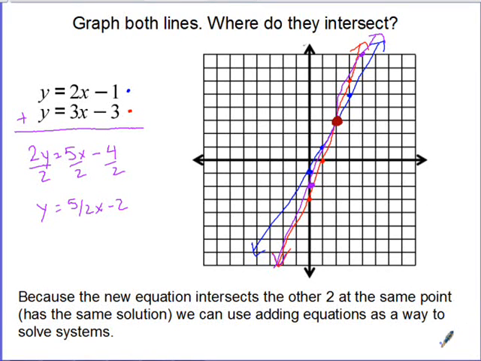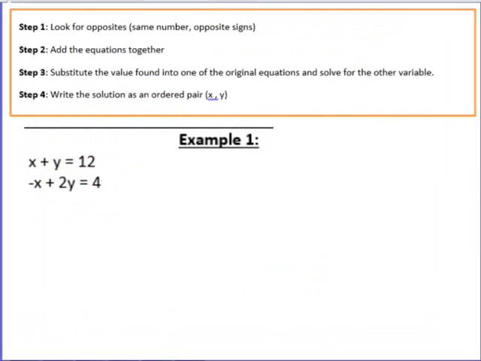And because that is true, because this new equation that we came up with by adding these two together has the same solution, crosses at the same point, that means we can use adding equations as a way to solve systems. And we're going to do that in a method called elimination, which is our third way for solving systems.